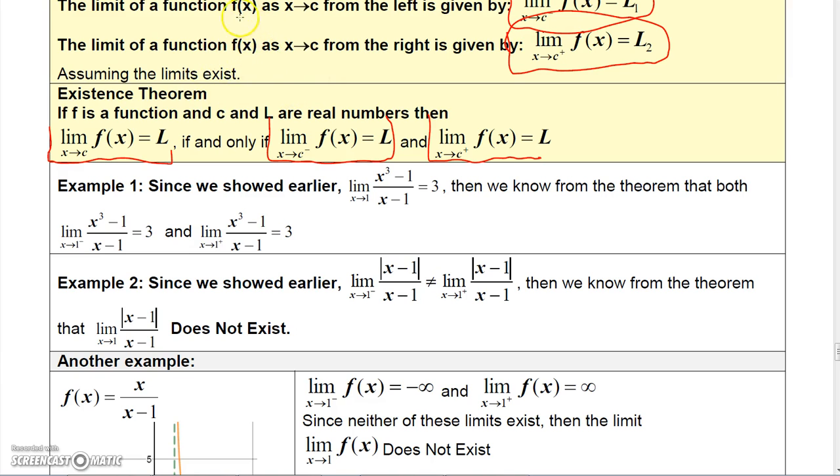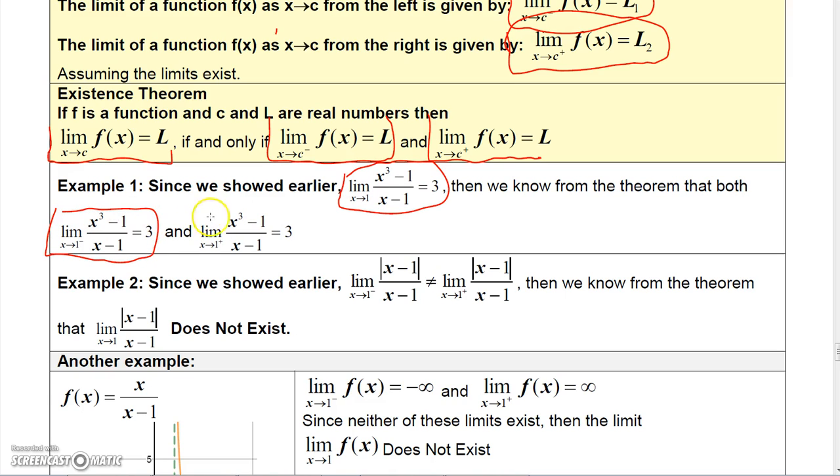So we showed in an earlier example that this limit was 3. Well, since we know this limit is 3, then from this theorem we know that the left-hand and the right-hand limits must equal 3.